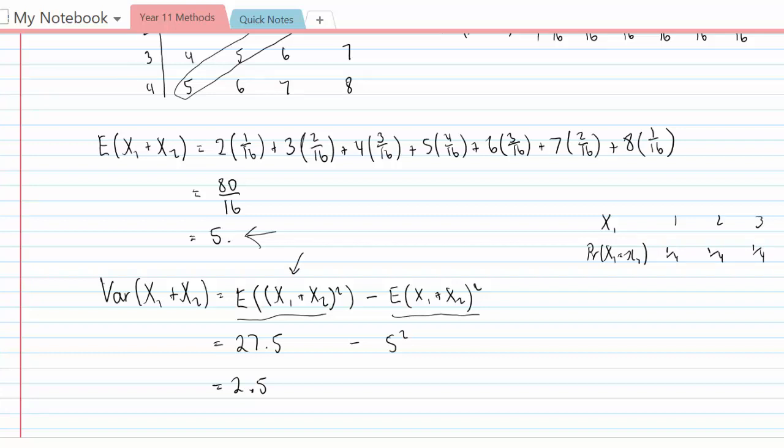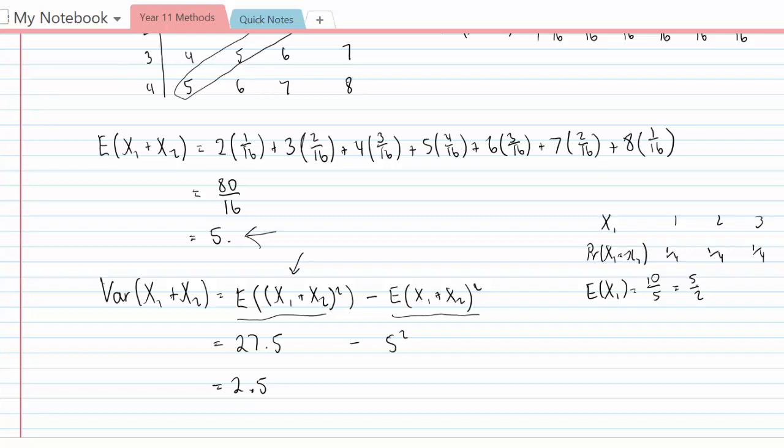So the thing here is that to do the expected value, we're going to have 3, 6, 10 over 4. So the expected value of x1 is 10 over 4, which is 5 on 2. And that would be the same for x2.